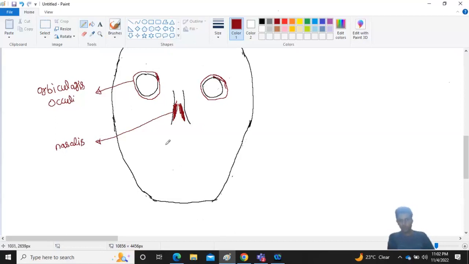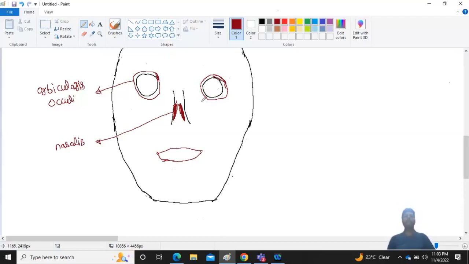Next, we know there are the lips present here. These are the lips.